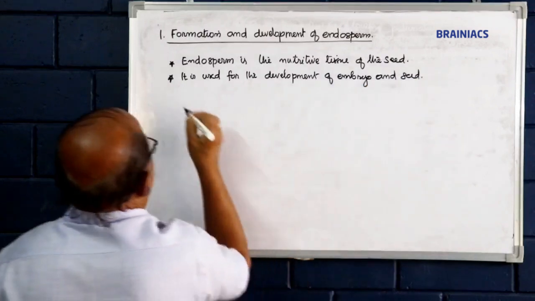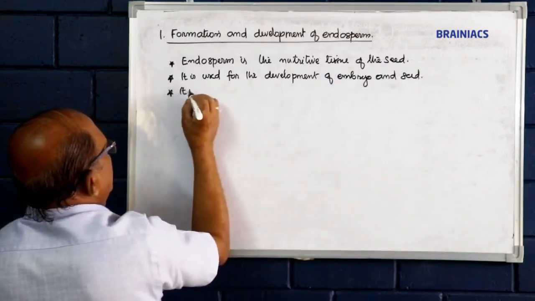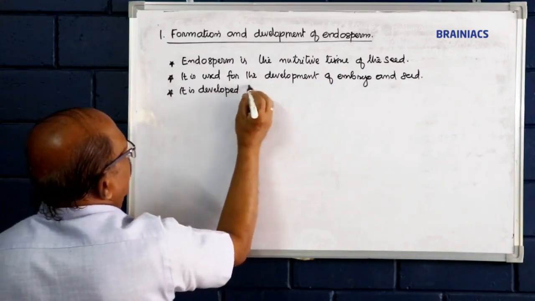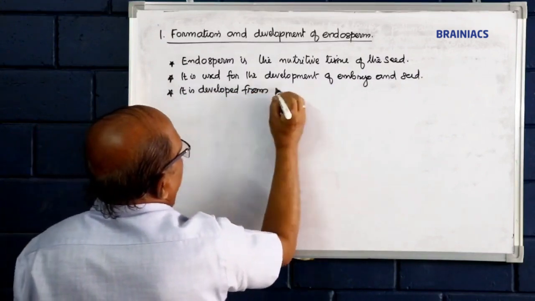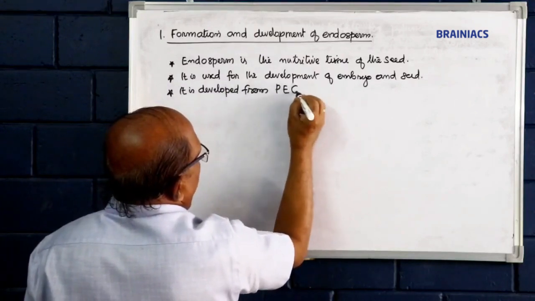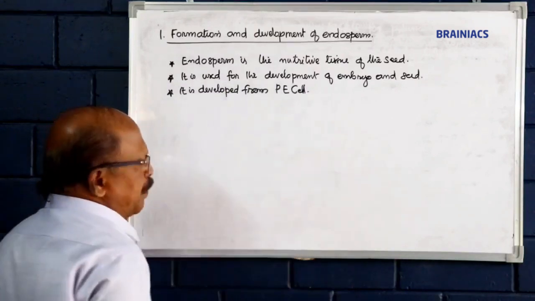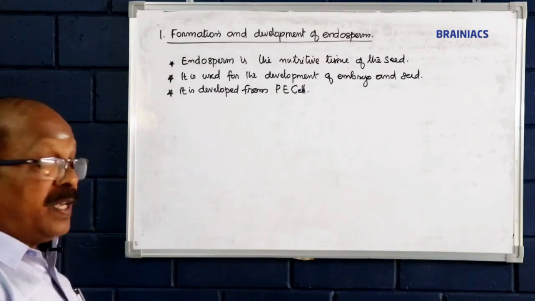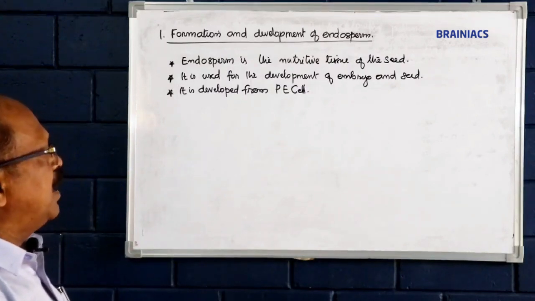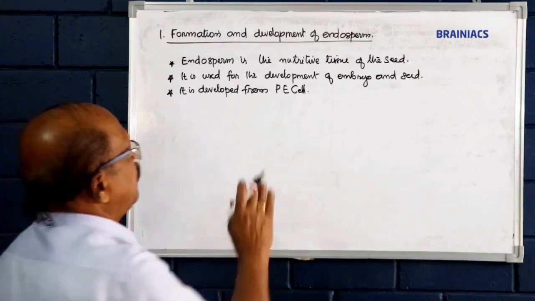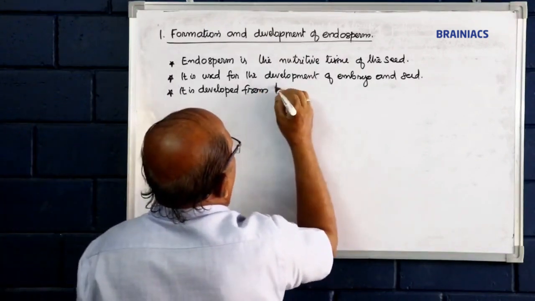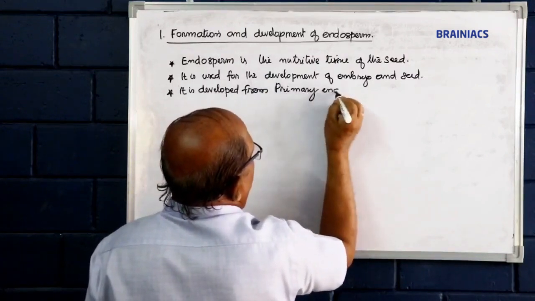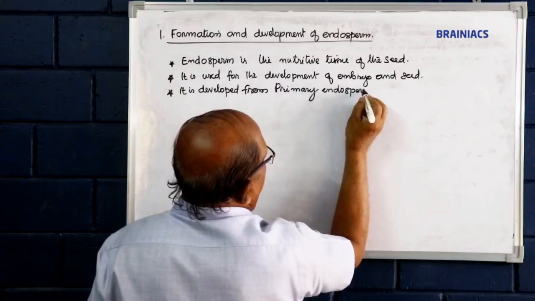It is developed from primary endosperm cell. From the primary endosperm nucleus, we can say it is developed from primary endosperm cell, the PE cell, that means primary endosperm cell.